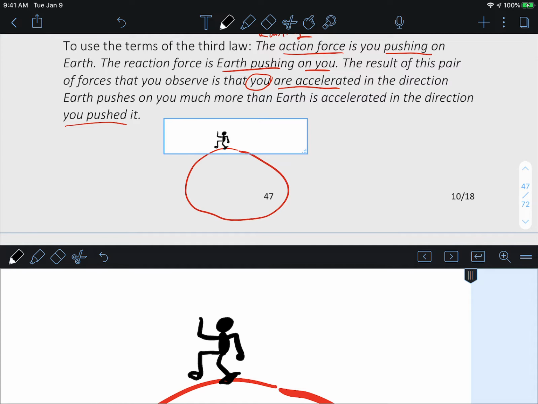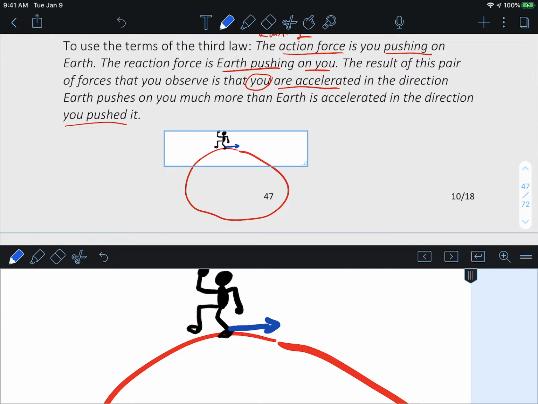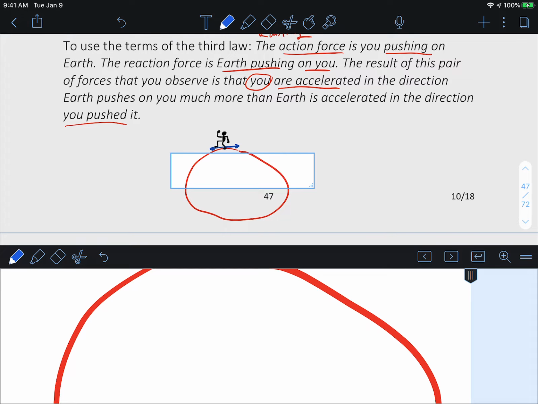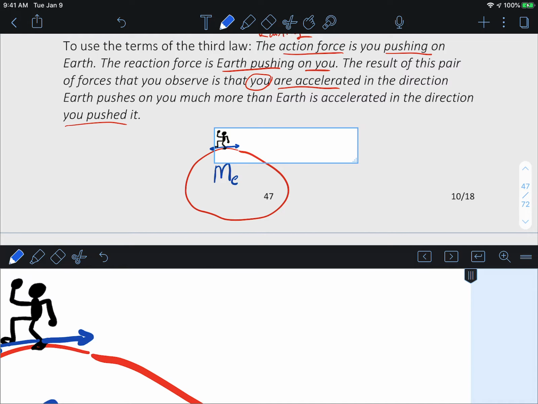And then at the top of the Earth, you are going to be kicking that foot backwards, and the Earth is going to give you the opposite response. And these are equal and opposite forces, but the mass of the Earth is this massive value, so this is going to be your force, and it's equal to this massive Earth mass times a little tiny acceleration.